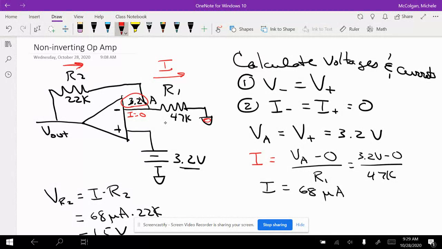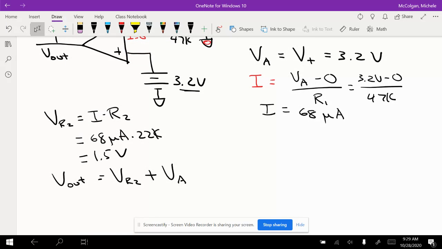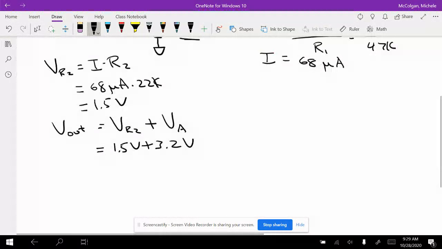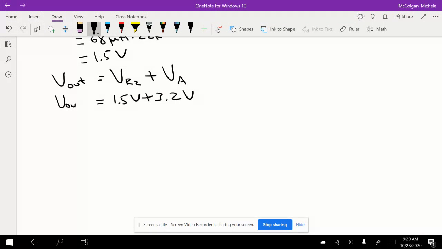So I can go backwards and add them up to get to V out. So I know V out has to be, because current is flowing from left to right, V out has to be at a higher voltage than VA. So I can say then that V out is equal to 1.5 volts plus 3.2 volts, and that V out then is equal to 4.7 volts.